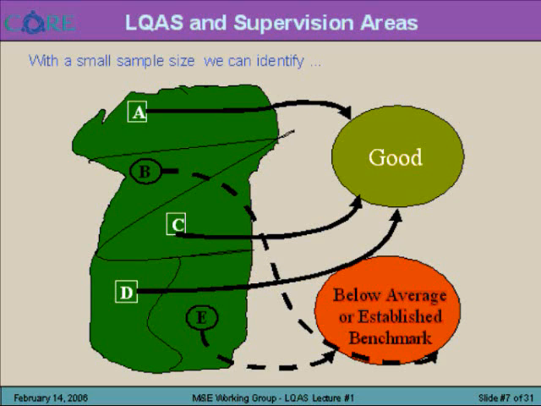Results from LQAS using a relatively small sample size, mostly 19 random observations, will allow us to identify which sub-areas are performing good and which ones are not performing so good.